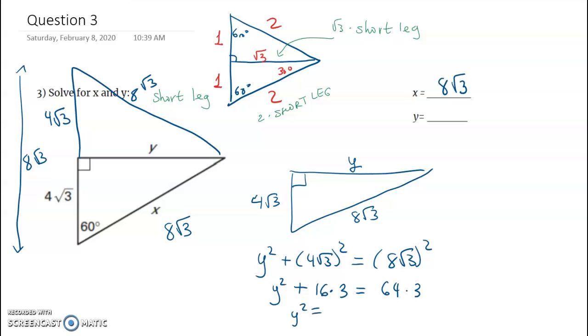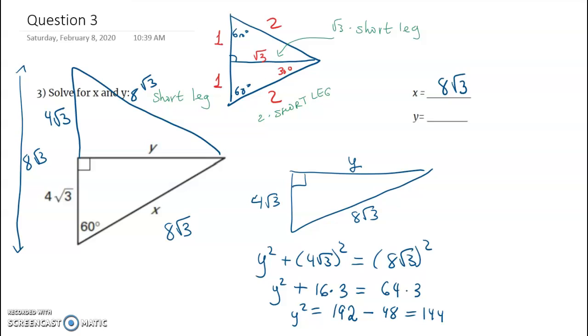So y squared is going to be 64 times 3, which is going to be, I think, 192. And then 16 times 3 is going to be 48. So that is what y squared is equal to. All right, so that comes out to be 144.